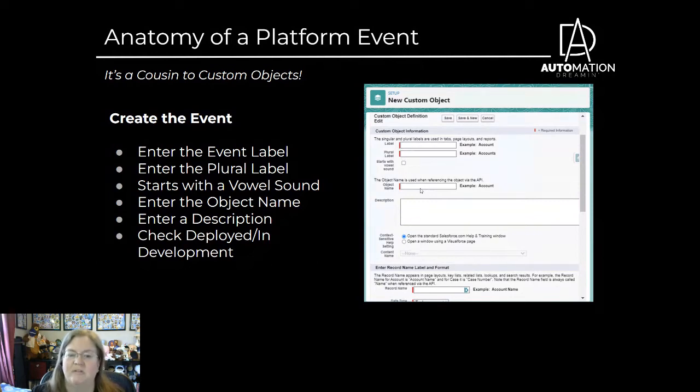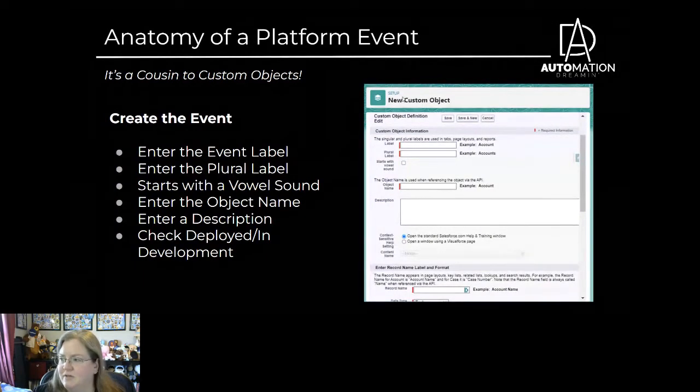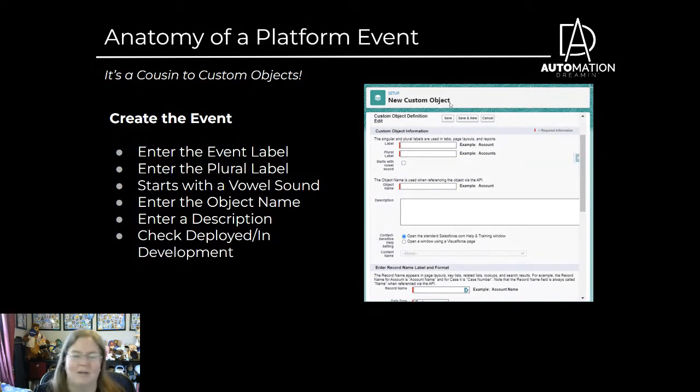You're going to check whether it's deployed or in development. All of this actually looks pretty familiar, right? And we can follow along with the screenshot on the side as I went through all of those different options. But oh wait, the screenshot is actually for a new custom object, not a platform event. I just wanted to be able to illustrate how similar these two things actually are.